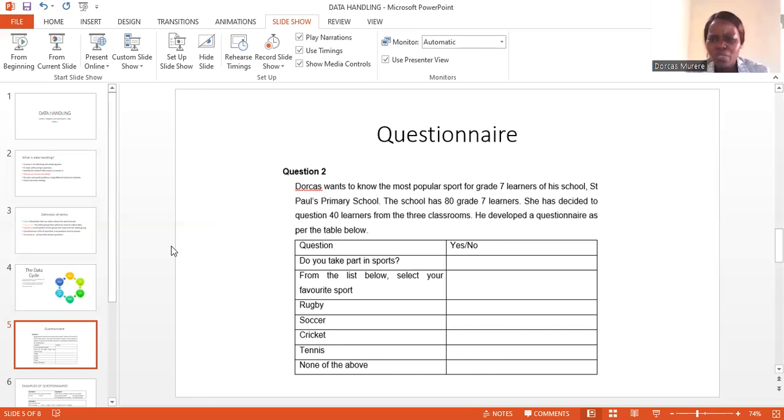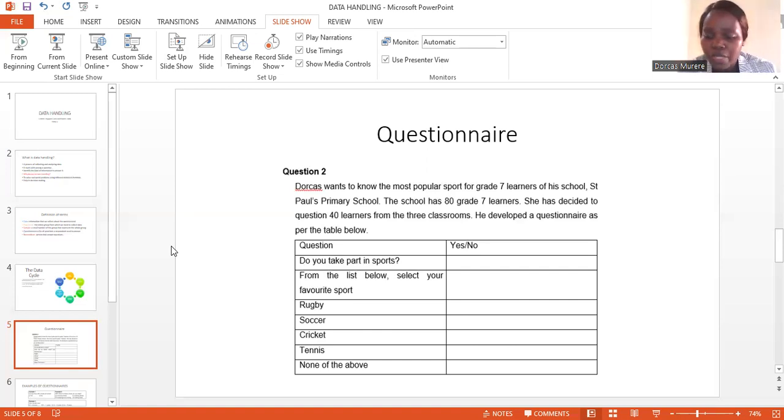I designed here a questionnaire that has a yes or no. Remember, when you're designing a questionnaire, the questions have to be straightforward. They don't have to be complicated, so that the respondent starts thinking, what exactly are you trying to ask? So this one is the questionnaire. You can check it. It's about the learners being asked their favorite sport. If you don't take part in sports, you just say no. That will be your response.